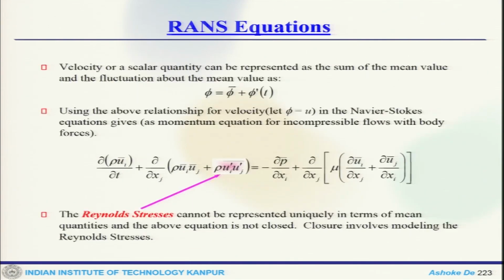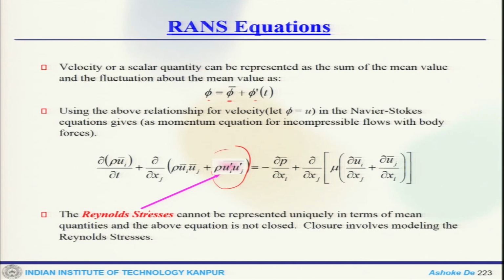So, if you put these things together, any variable in RANS has two components, mean plus fluctuating component, and this phi could be anything. Then when you look at the Navier-Stokes momentum equation, this is what you get back: the Reynolds stress term, and there is a closure involved in modeling the Reynolds stress term.